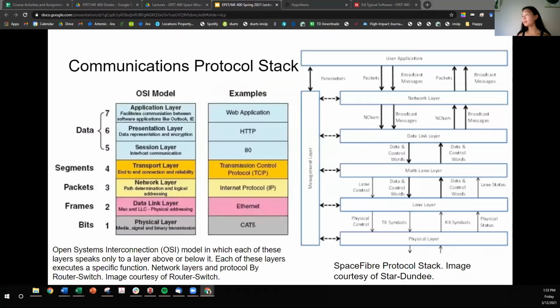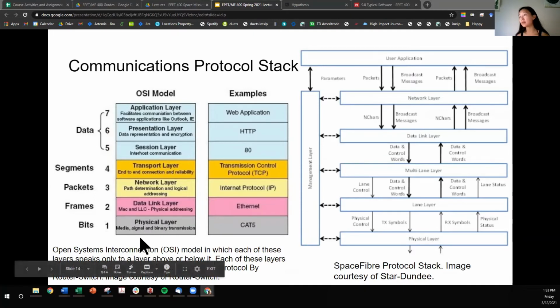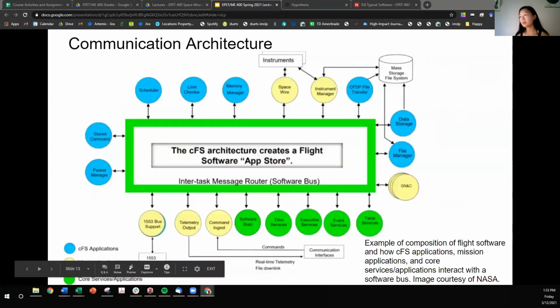Now, we just talked about how data flows at this application layer. But to get to this application layer, we have to go through a bunch of layers from the actual devices, from the physical layer, all the way up. From the previous slide, you'll see here that the hardware is down here and it's connected to this MIL 1553 bus support.